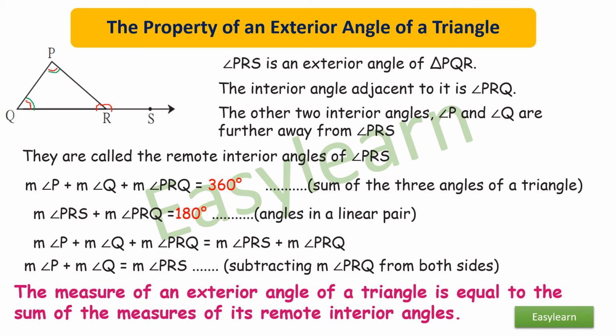That is, the measure of an exterior angle of a triangle is equal to the sum of the measures of its remote interior angles. So in this case, measure angle PRS is equal to measure angle P plus measure angle Q.